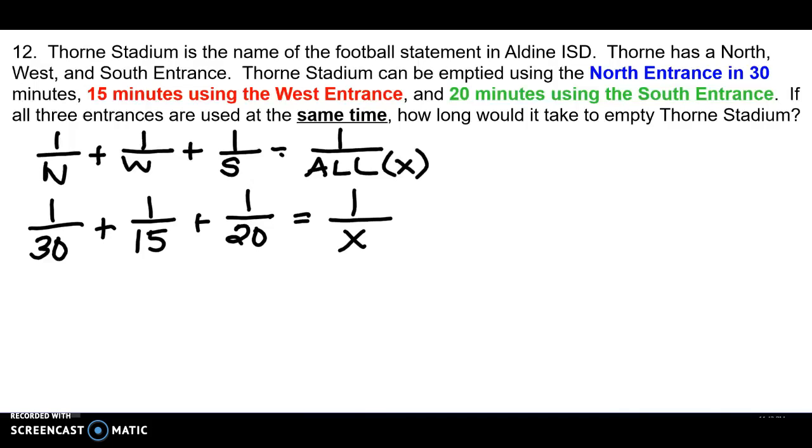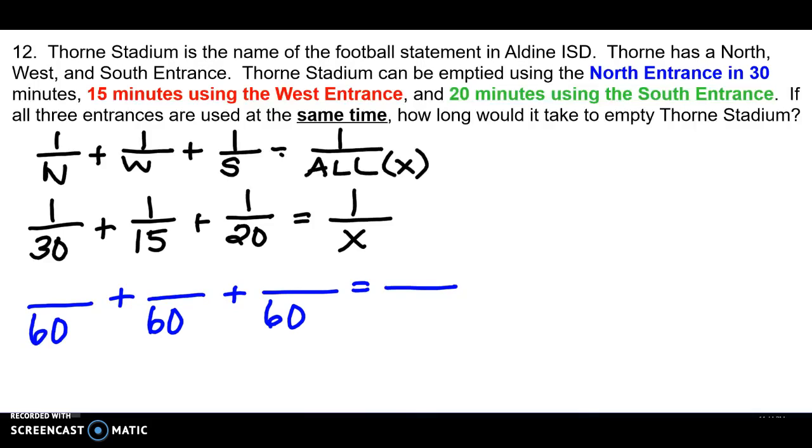So first, we need to find a number that 30, 15, and 20 can all be divided into. So you could list out all your multiples and find which one they have in common. And if you did that, you would find that all of them can be divided into 60. Now we also have this x here, so our common denominator needs to be 60x.